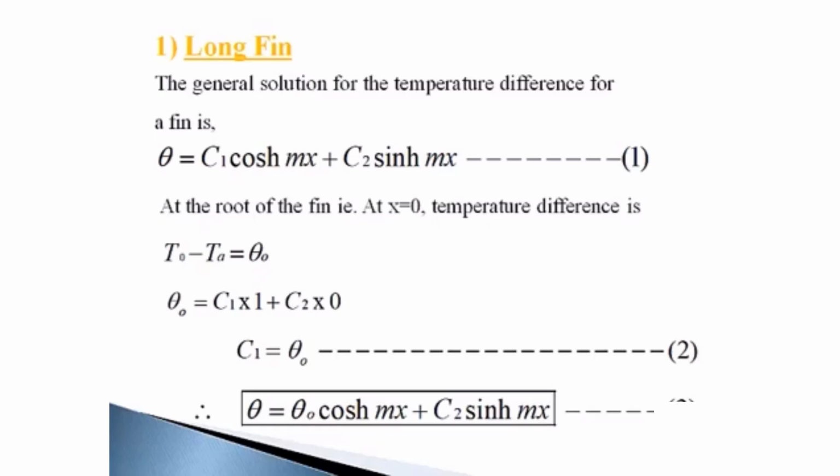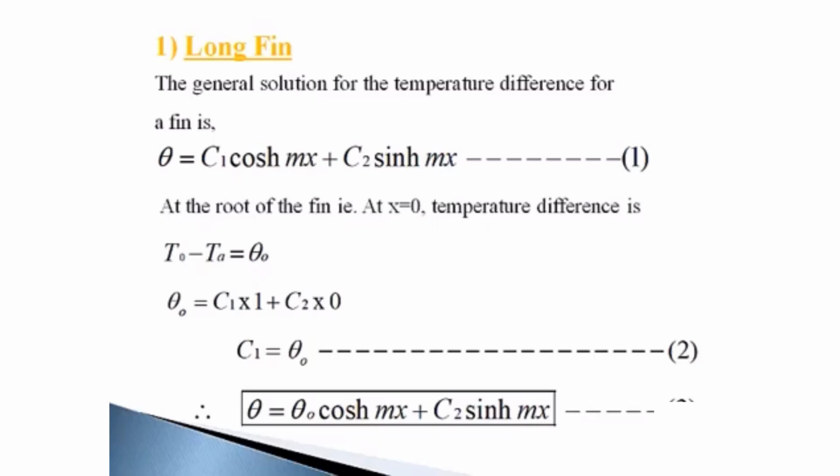So we get C1 as theta 0. That is one constant of this differential equation solution. We can substitute C1 as theta 0, so you get theta is equal to theta 0 cosh mx plus C2 sinh mx. So we solved for one constant. Now C2 we need to find out.